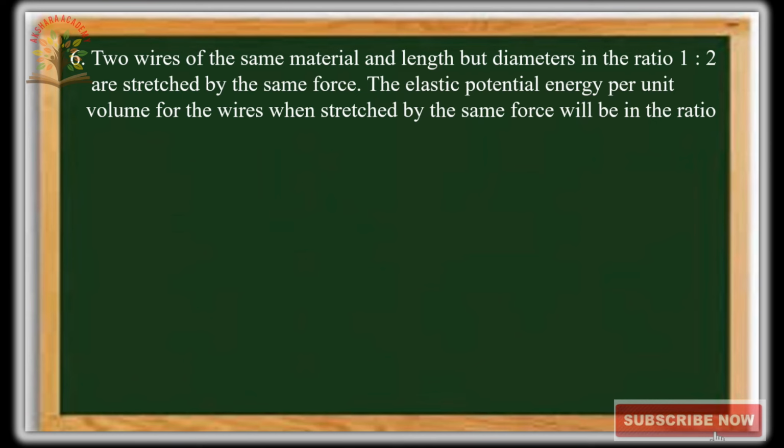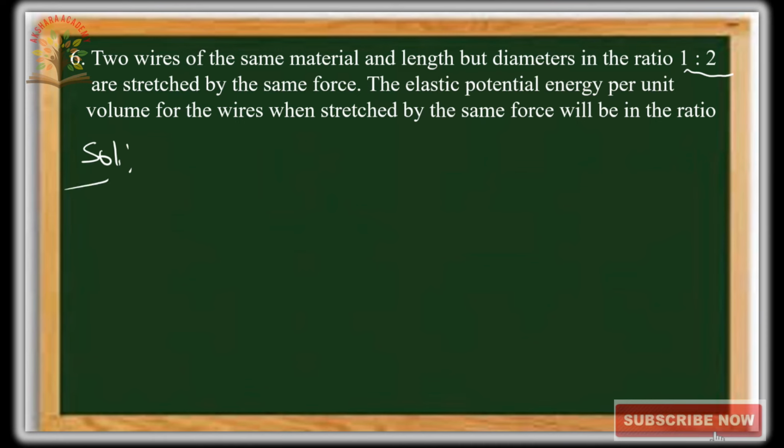So in this question they given two wires of same material and length but diameters in the ratio 1:2 are stretched by the same force. The elastic potential energy per unit volume for the wires when stretched by the same force will be in the ratio. So let us come to the solution.